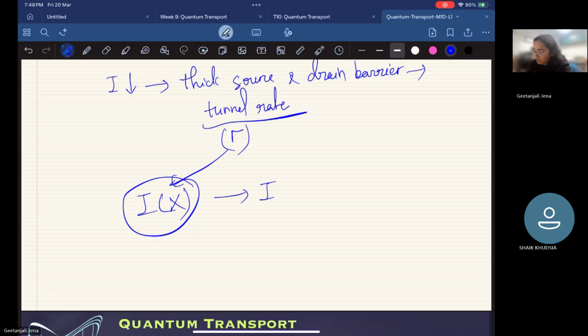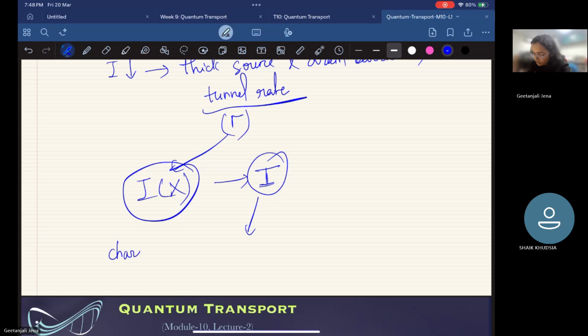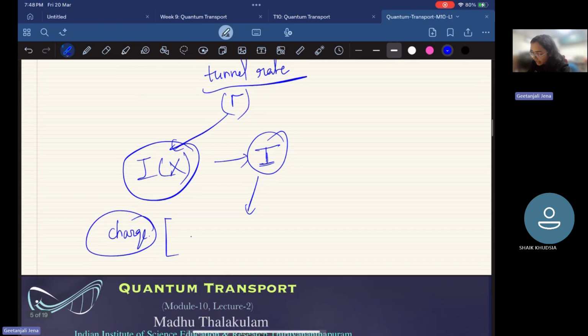So we can't use this parameter I as a sensor. But instead of using current, what we can do is use the charge, or in the right term, we can analyze the change in conductivity in the IV characteristics.